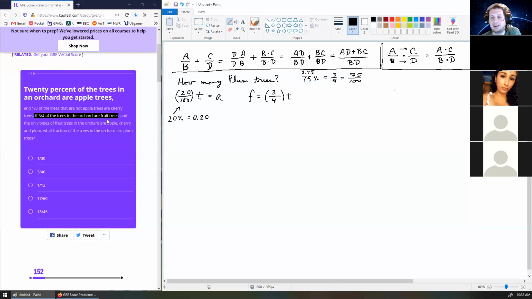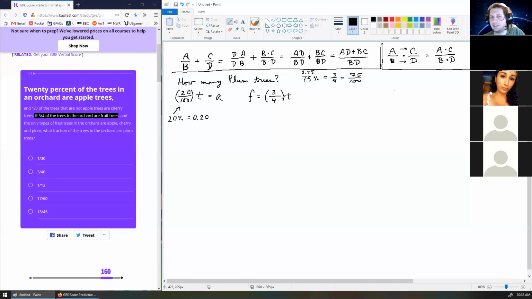Okay. 1/3 of the trees that are not apple trees are cherry trees. And then the only types of fruit trees in the orchard are apple, cherry, and plum. What fraction of the trees in the orchard are plum?